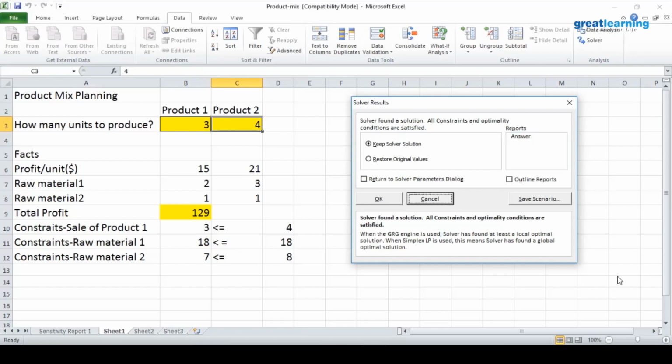I don't have to tax my mind. If there are so many variables, it may not be possible for us to exhaust all combinations of rounding, and therefore the computer uses what is called the branch and bound algorithm. Automatically Excel solver takes care. As a manager, I can get an integer solution.